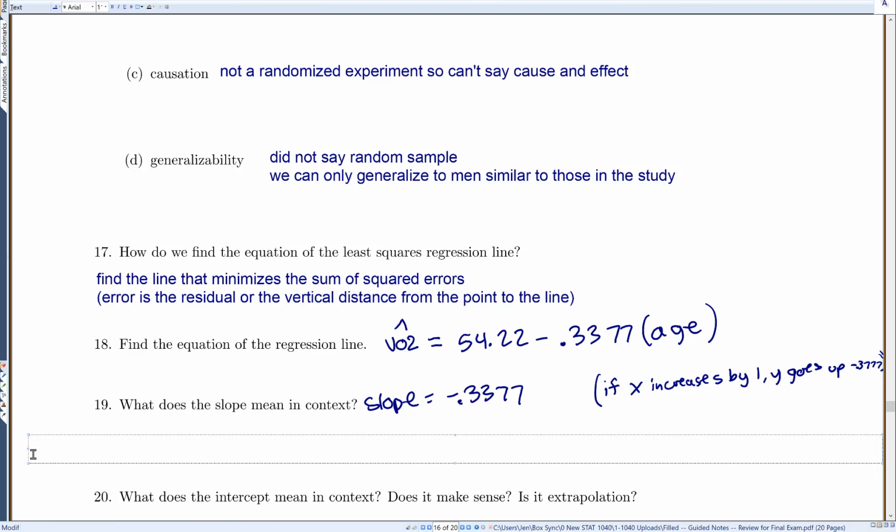So you say something like, for each additional year in age, so the x value is going up 1, we predict that the VO2 goes down about 0.3377. So we said down because it was negative.